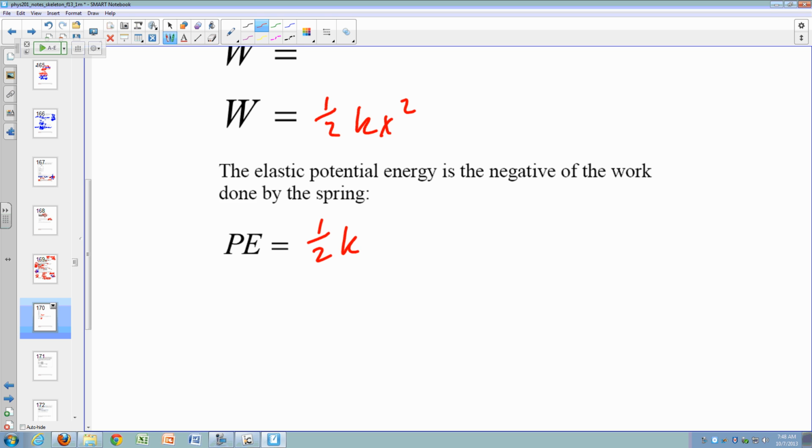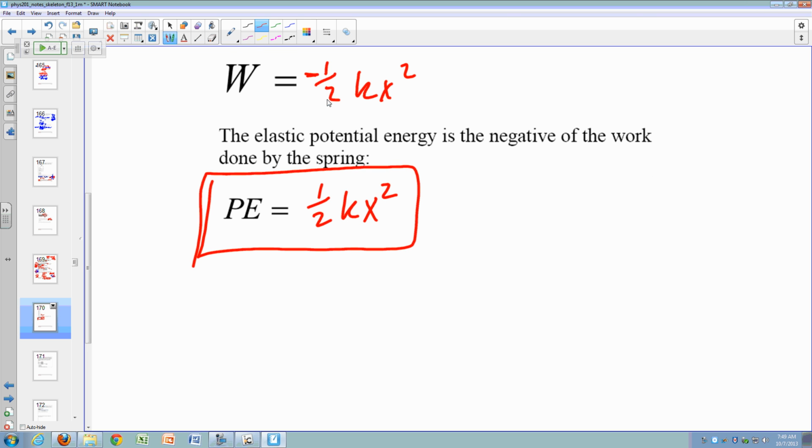I say it's equal to the negative of the work of the spring, because remember our force was actually negative kx, so this works out to be negative 1/2 kx squared. Don't sweat that right now, it's not important. So our elastic potential energy is just 1/2 kx squared. Yeah, that's our potential energy of the spring, and it's different from the gravitational potential energy.